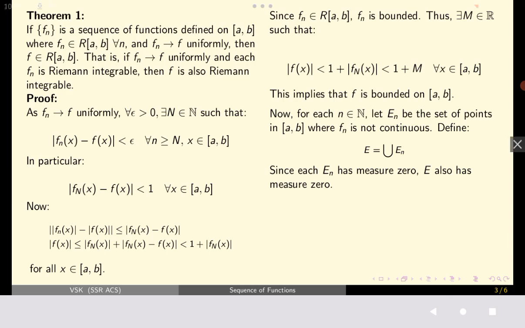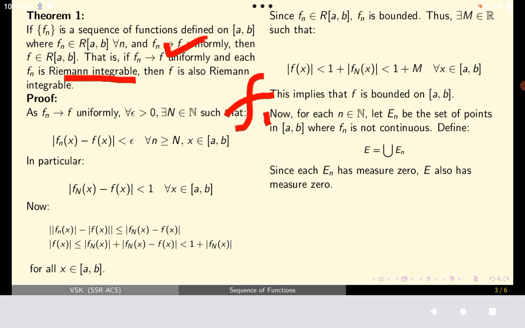So the statement of the first theorem says that if Fn is a sequence of functions defined on [a, b], where Fn is Riemann integrable on [a, b] for all n and Fn converges to F uniformly, then F is Riemann integrable on [a, b]. That is, two parts are given in this theorem. First of all, Fn converges to F uniformly, where each Fn is Riemann integrable.